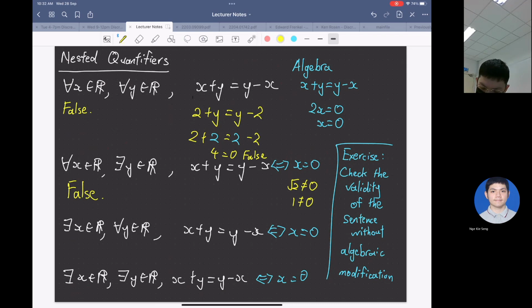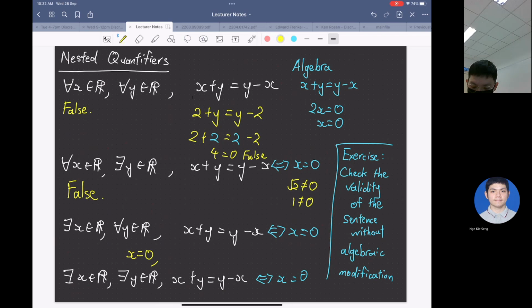Okay, next, the question said there exists one x that works for every y such that x equals 0. Okay, so can I find such x or not? Yes, what is that x? 0. Okay, I already found x equals 0.